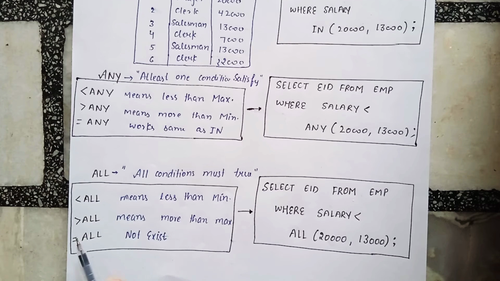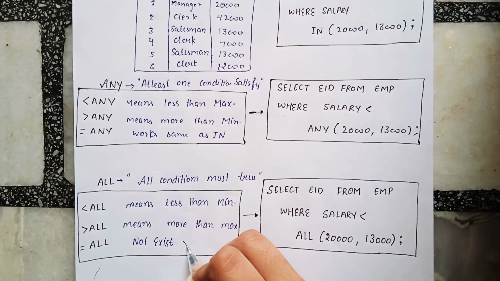Now if we talk about greater than ALL, what will it do? It will first find the maximum value, that is 20,000, and see if the records have a salary greater than 20,000. This is the use of greater than ALL. Now if we talk about equal to ALL, it does not exist.